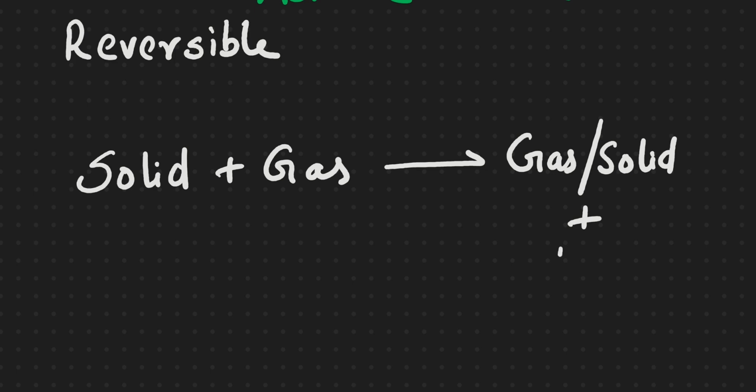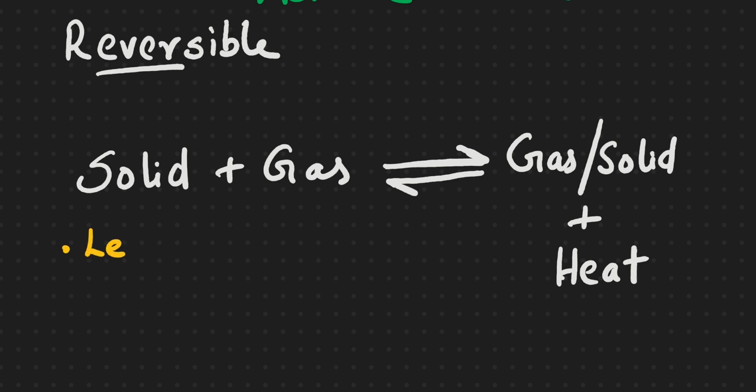Since, as we said, it is exothermic, it produces heat, so we say that it is reversible. So this process is reversible, and when it is reversible, we know that it will obey Le Chatelier's principle.